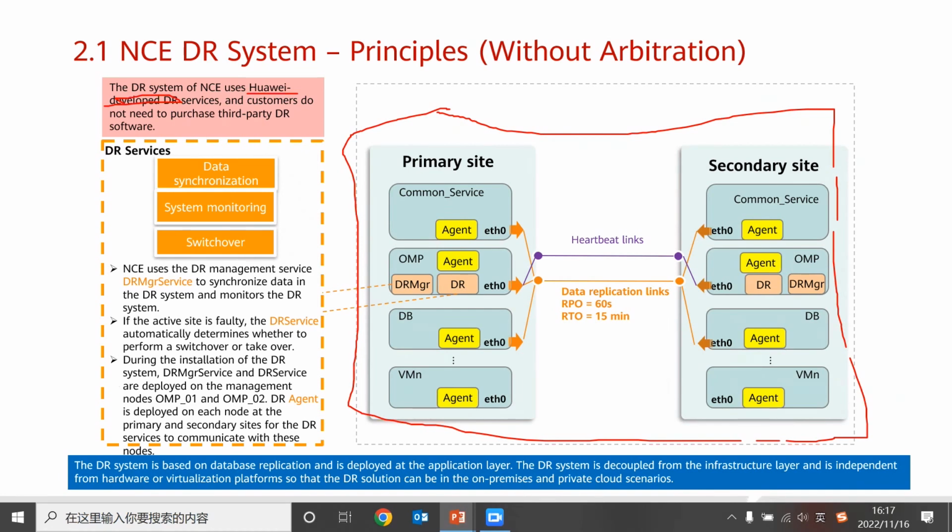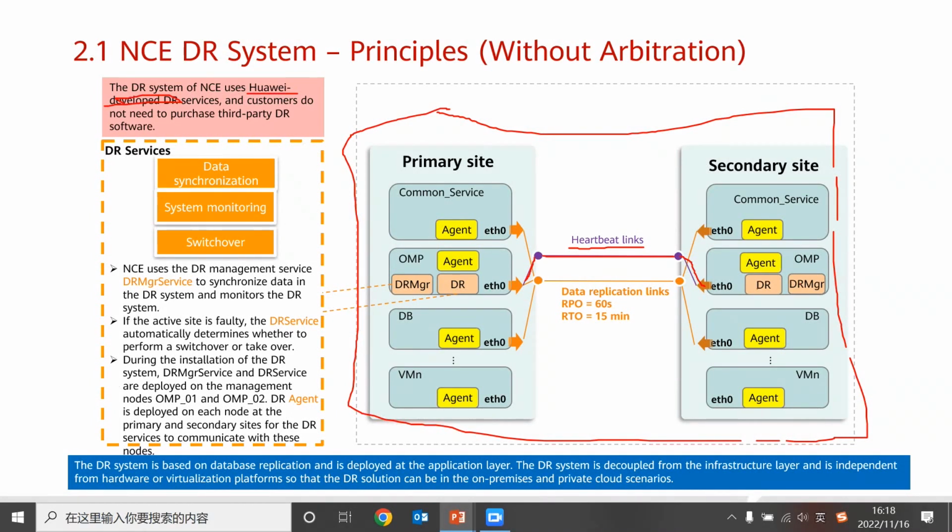So we see here, the heartbeat links only connect the management node, the OMP node, for both sides. And here you see DR manager and DR manager for both sides.